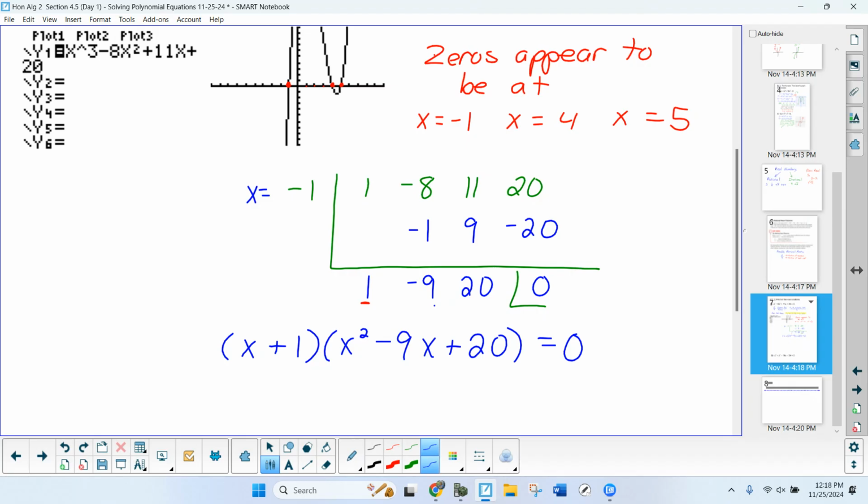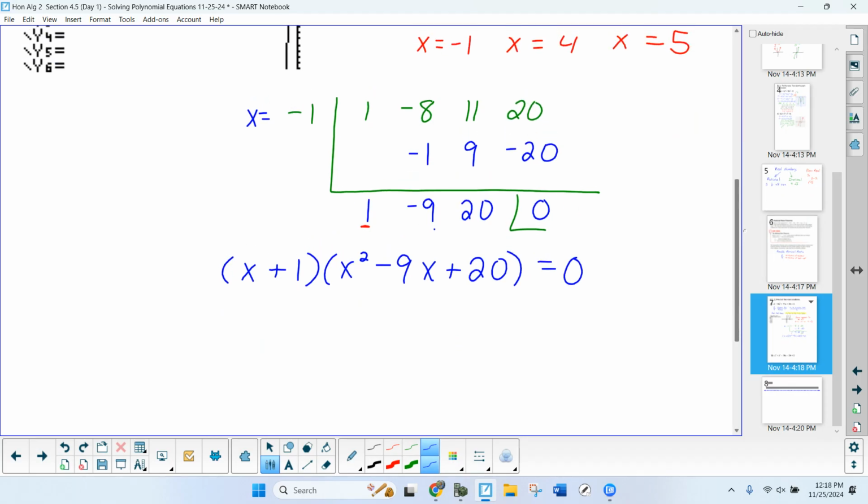Now I've got a trinomial. Is that trinomial easy to factor? A is 1. Life is easy. What multiplies to give you 20 and adds to give you negative 9, Jack?